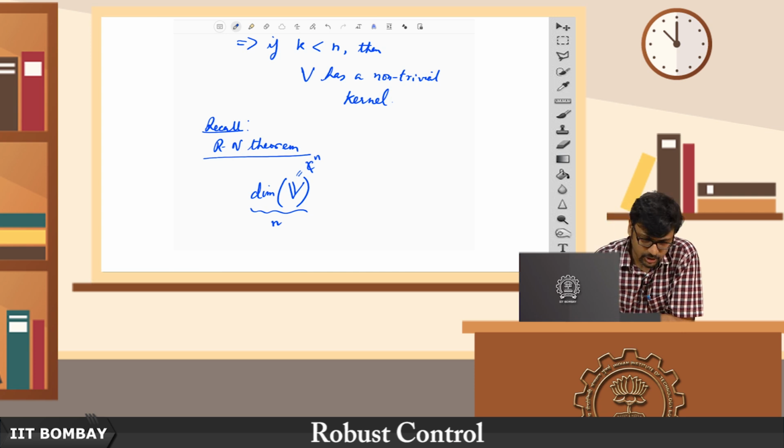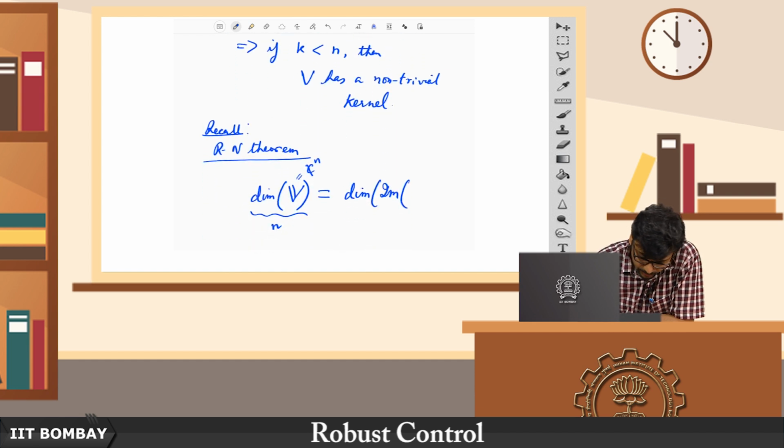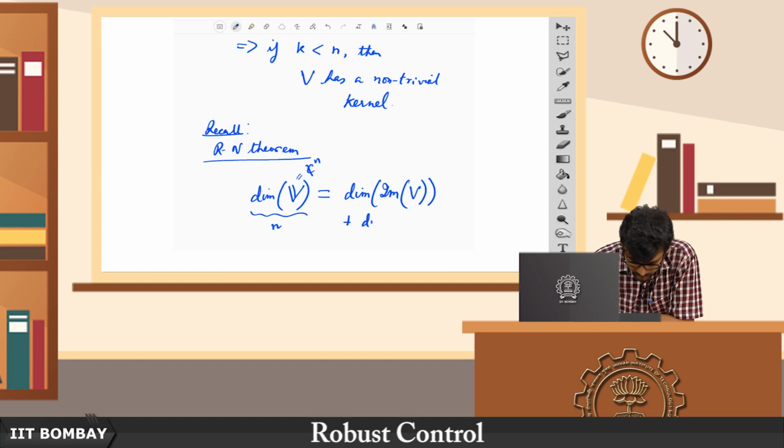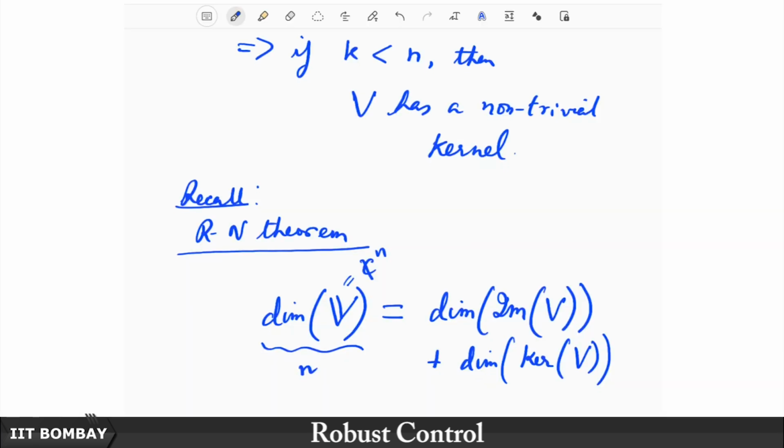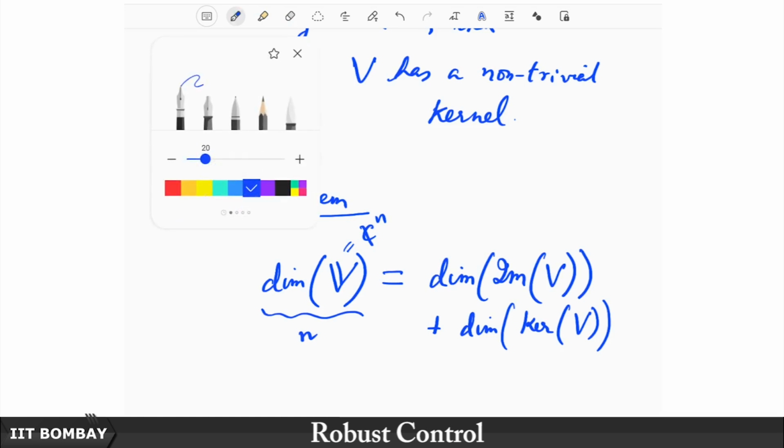That is going to be equal to the dimension of the image of this linear map V, plus the dimension of the kernel of this linear map V. Now, this dimension of the image, what can this be at most?